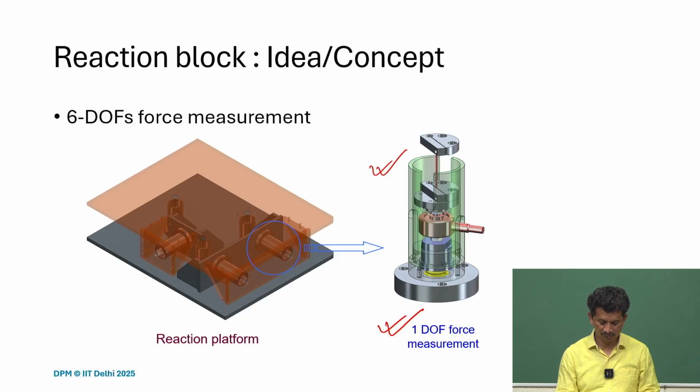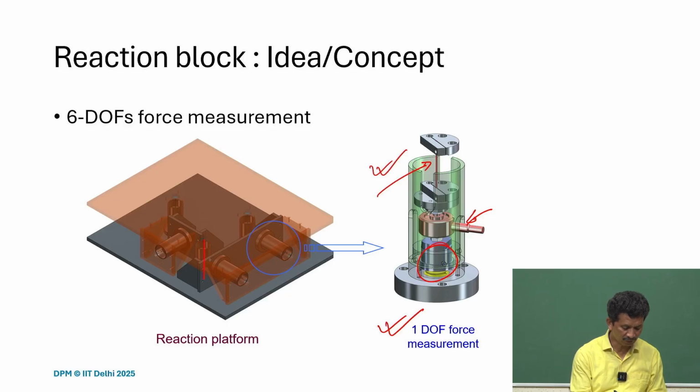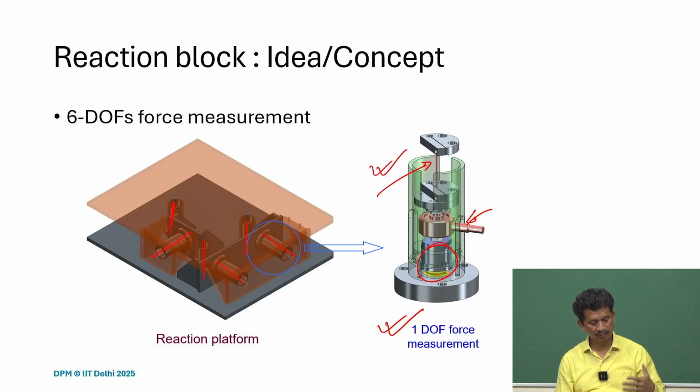You can see the load cell here, the springs inside, and here you have the wire flexure, and here you can see 1, 2, 3. So the 3 are there, then 2 along this direction and 1 along this direction. So 3 plus 2 plus 1, we can get and can constrain it.